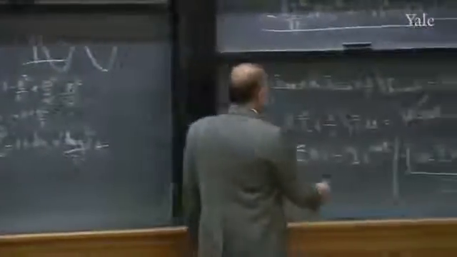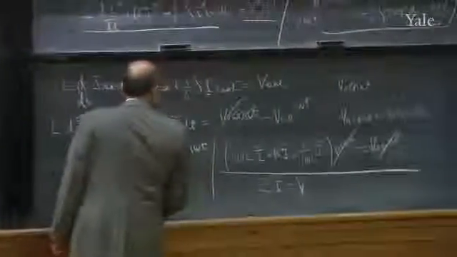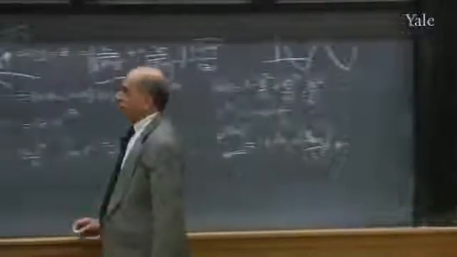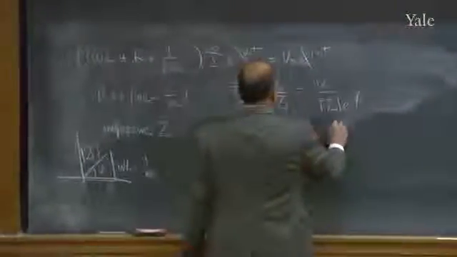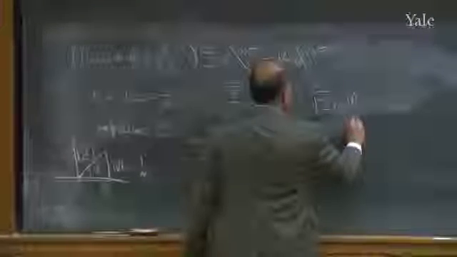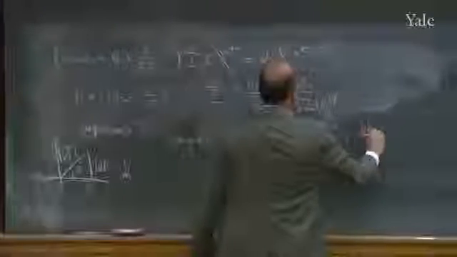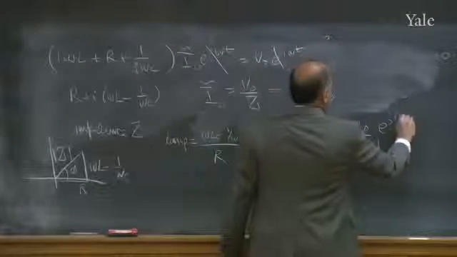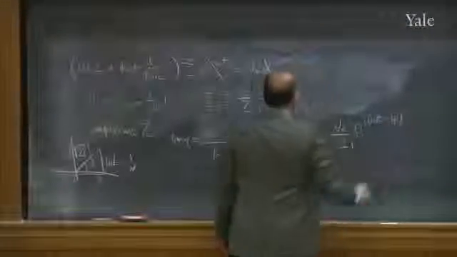I'm sorry, should write it as Ĩ of 0. There's a subscript 0 there, because the full Ĩ has got e^{iωt} in it. That looks like V0 over mod Z times e^{i(ωt − φ)}.